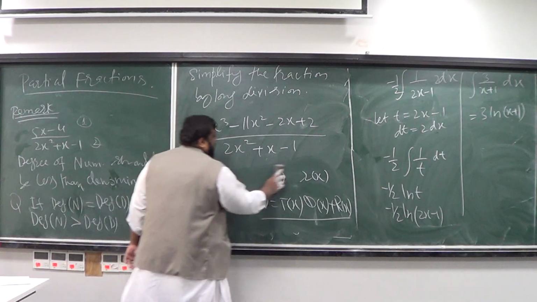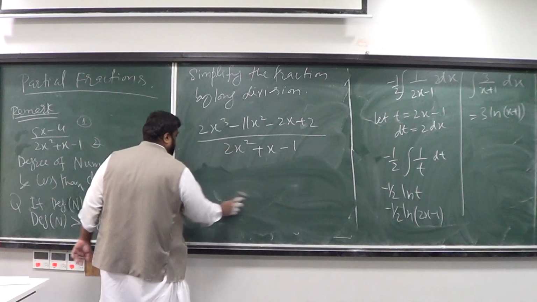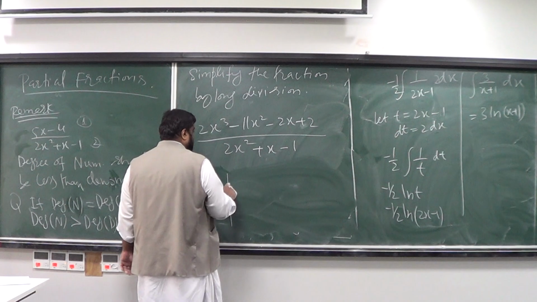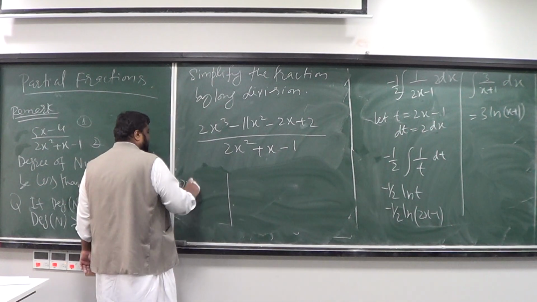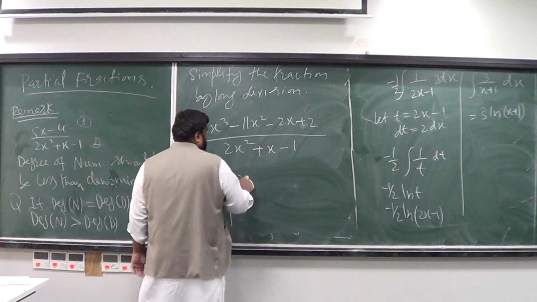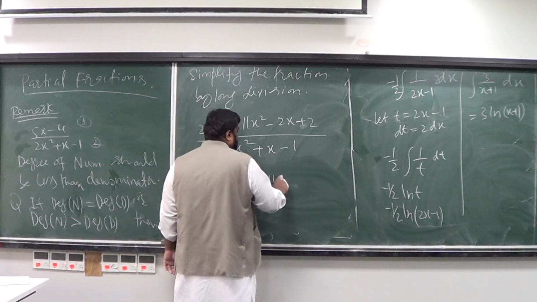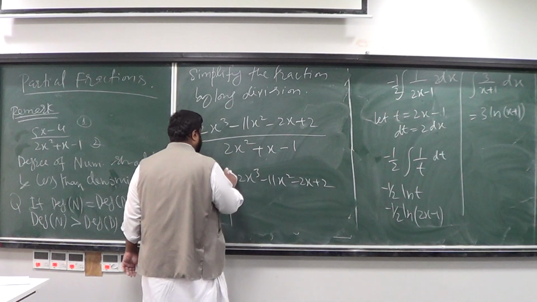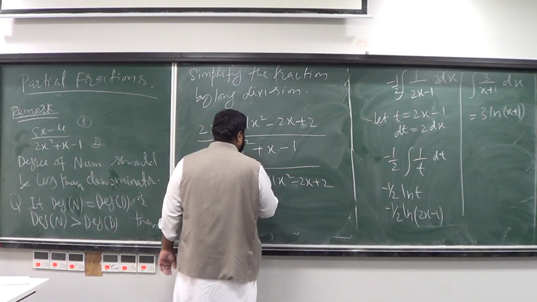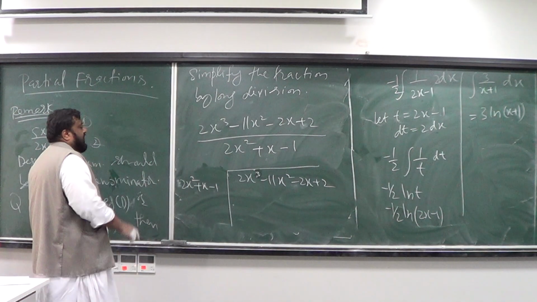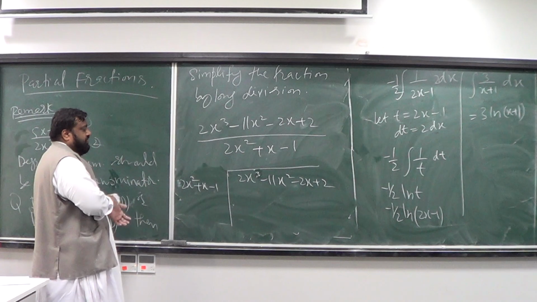So what to do now? Let's do the division. Let's put our 2x square plus x minus 1 here, and divide 2x cubed minus 11x square minus 2x plus 2. So what should I do?